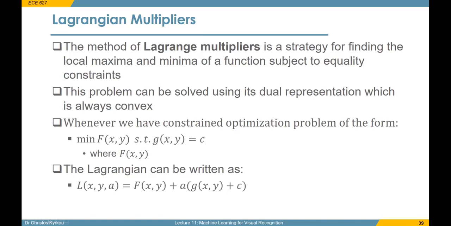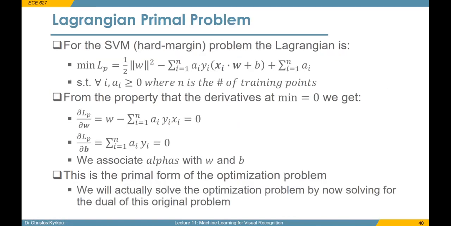If we use this formulation of Lagrangian multipliers, the SVM function looks something like this. We have our value f, which is what we want to minimize, and then we write the constraint in this way, included in the formulation.